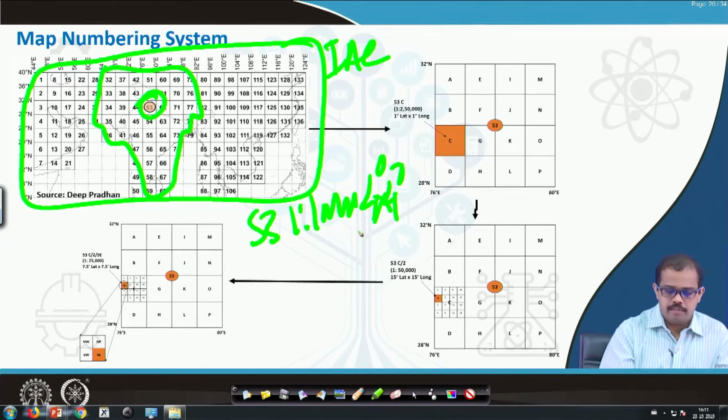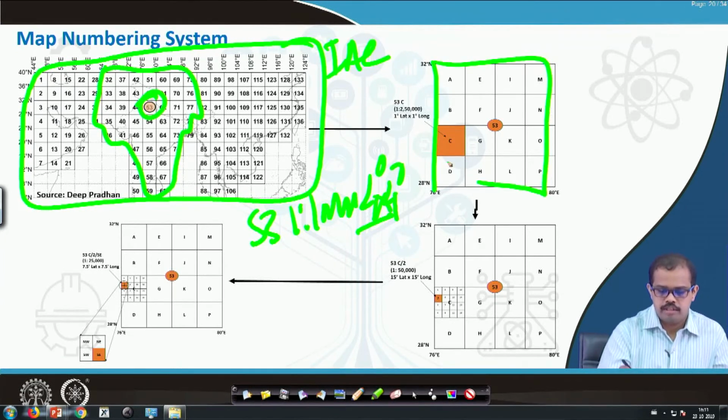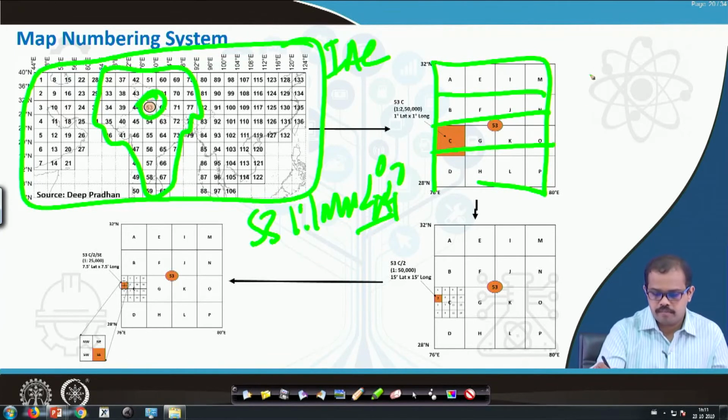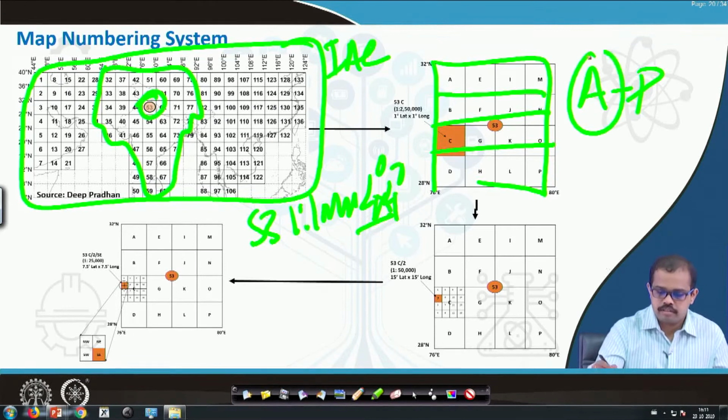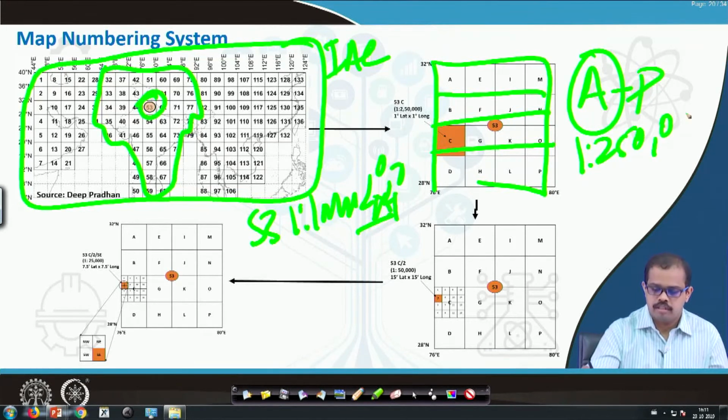Now, if you divide this 4 degree by 4 degree into 16 units and name it from A to P, then each of A, B, C, D represents 1:250,000 units on the ground. Okay.